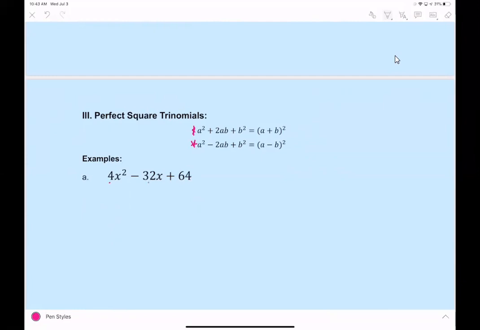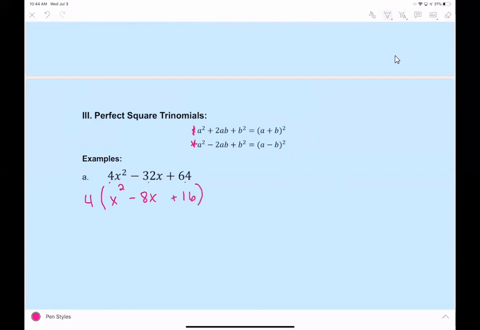Notice that 4 is a common factor of each of those numbers. So what we're going to do is factor out that 4. This is what I was talking about. Always check for a GCF first. So that would give us x squared minus 8x plus 16.